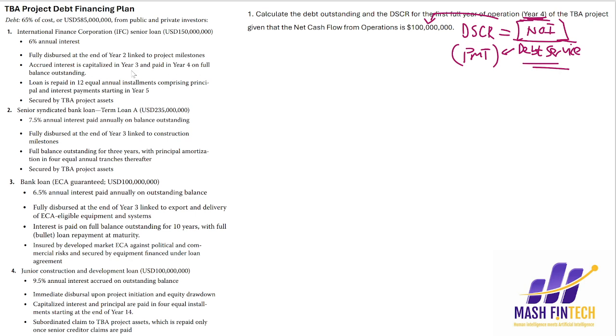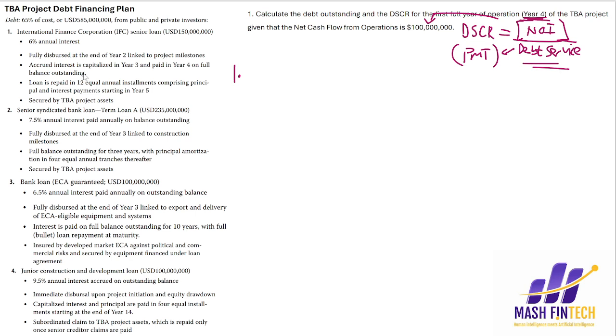So it's not paid in year 3, it's capitalized and paid in year 4 on full balance outstanding. The loan is repaid in 12 equal installments comprising principal and interest payments starting year 5. Secured by TBA assets. So this debt is secured. So let's look at this one. We want to see what's the debt service based on this one.